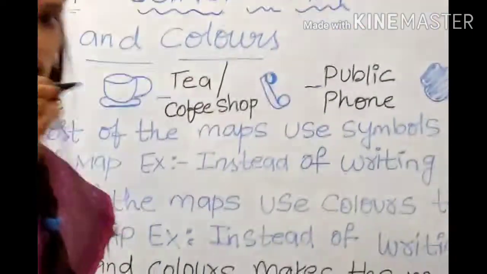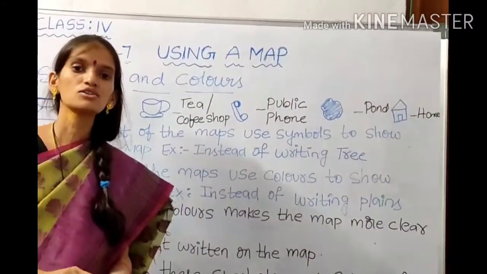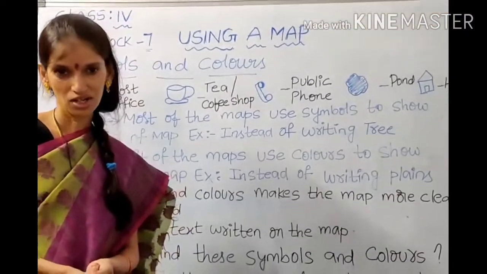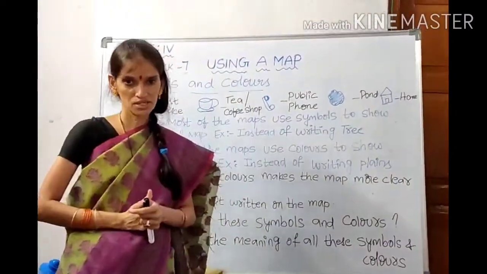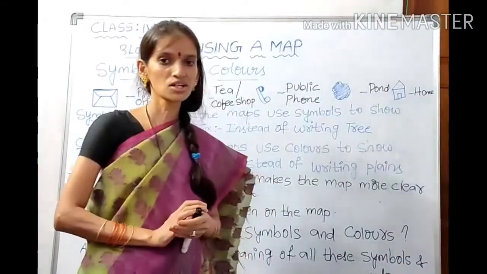So, I said before starting our lesson that your father is planning to take you to the Taj Mahal. So you have visited that place. After going there, what will you search for? You will not go to the Taj Mahal directly.